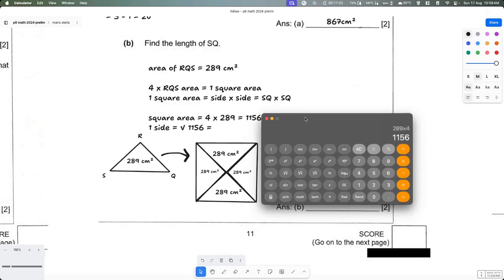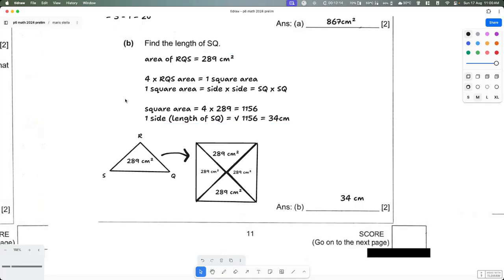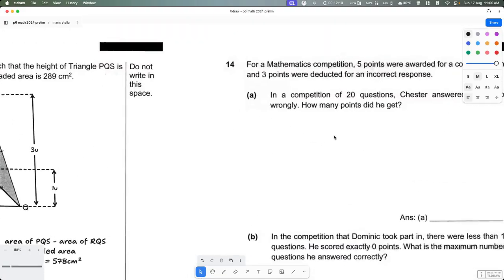The square root of 1156 will give us 34 centimeters. So that means SQ is 34 centimeters. There you go. One side, or length of SQ, is equal to the square root of 1156, which is 34 centimeter. Okay, let's move on to the next question.